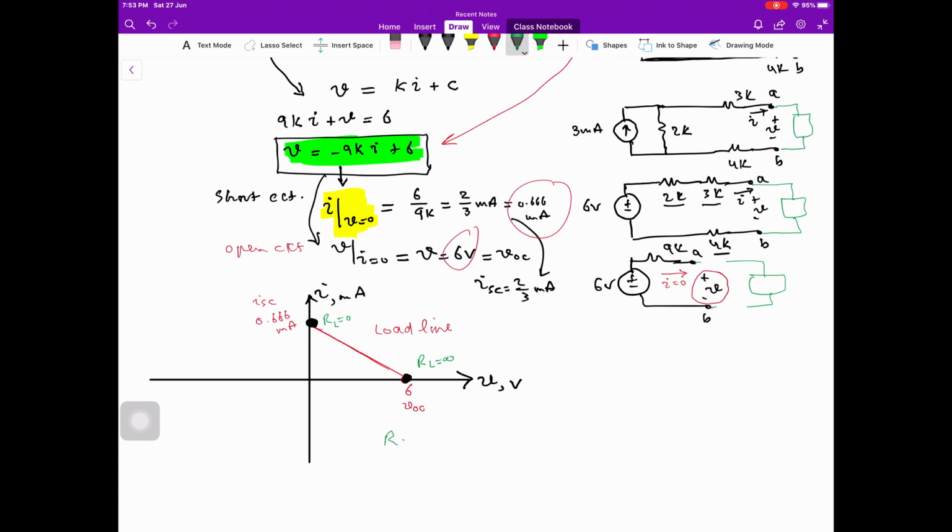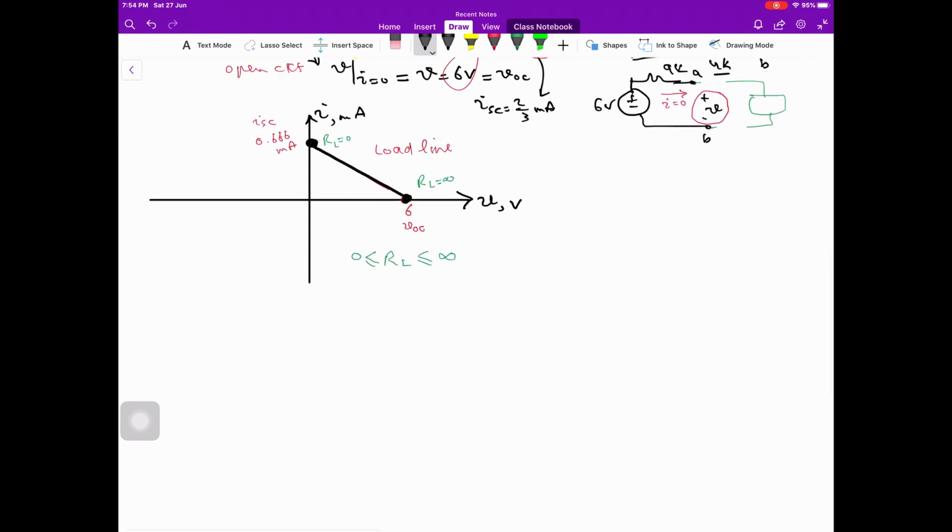Now if we vary the load resistance from 0 to infinity, for any value of the resistance between 0 and infinity, we will have an output voltage and current combination which will lie on this line, and that is why this line is known as load line.